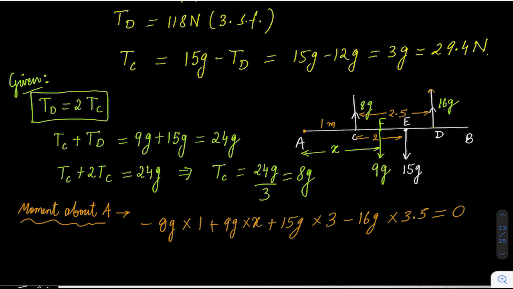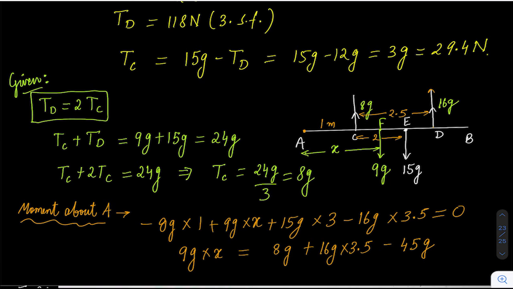So let's find the value of x. We will take x on one side and take everything on the other side. So we will get 8G plus 16G times 3.5 minus 45G.